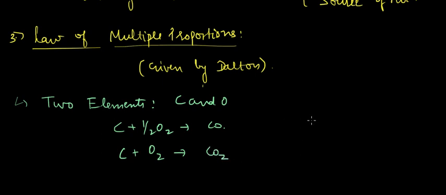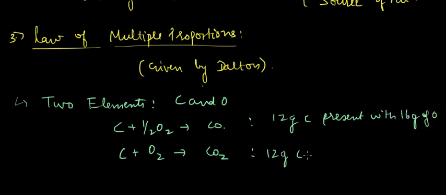In the first case, 12 grams of carbon is present with 16 grams of oxygen, and in the second case, 12 grams of carbon is present with 32 grams of oxygen.